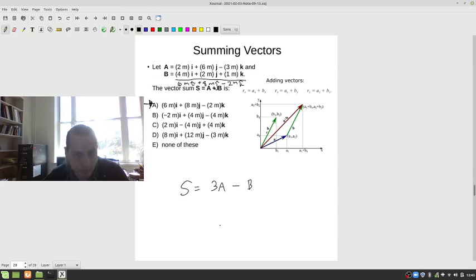Okay? So you can come up with more exotic combinations. And of course, there's a geometrical interpretation of that as well, but I don't have a nice picture for it on this slide.